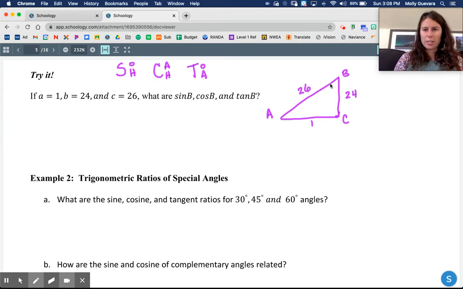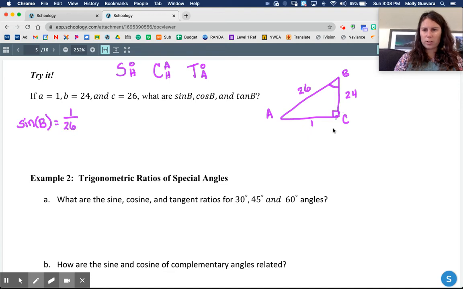Okay, so I'm looking specifically at angle B here. So I'm going to start with sine. So sine of B is equal to opposite over hypotenuse. So opposite of B is 1 over hypotenuse is 26.